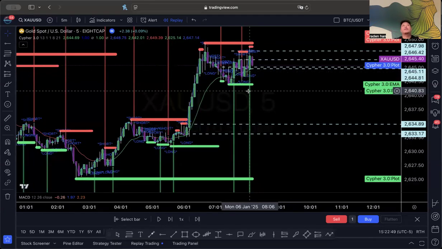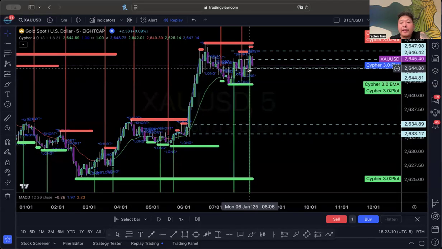Okay. And remember, guys, when it comes down to trading, even if you're using something as powerful as CYPHER X, you need to stop your losses. So do not remove your stop losses when you are trading. So for example, let's say it did break that resistance and hit your stop loss, right?